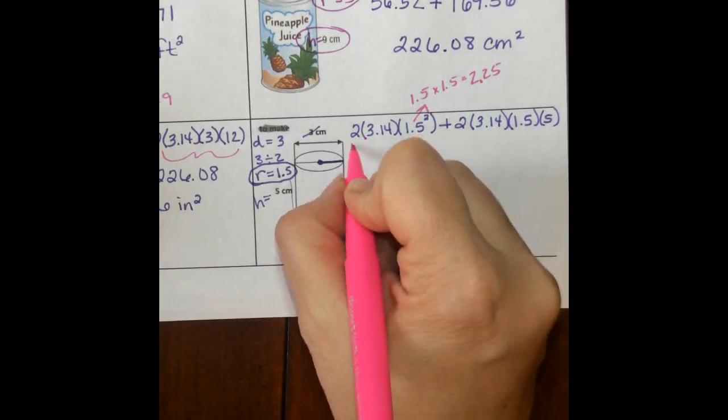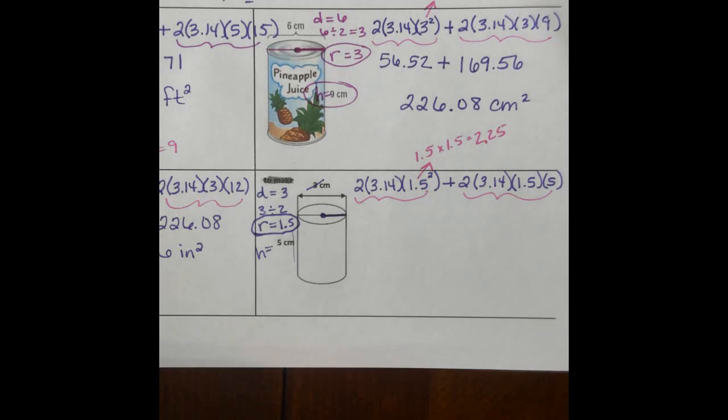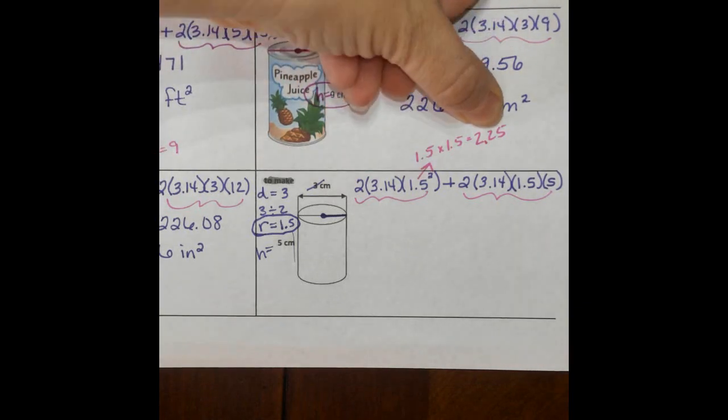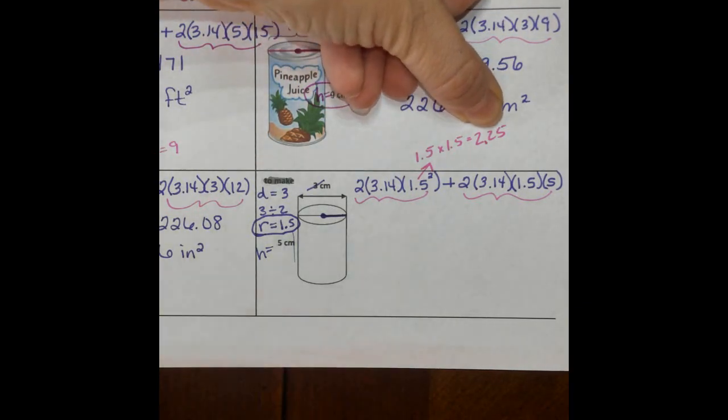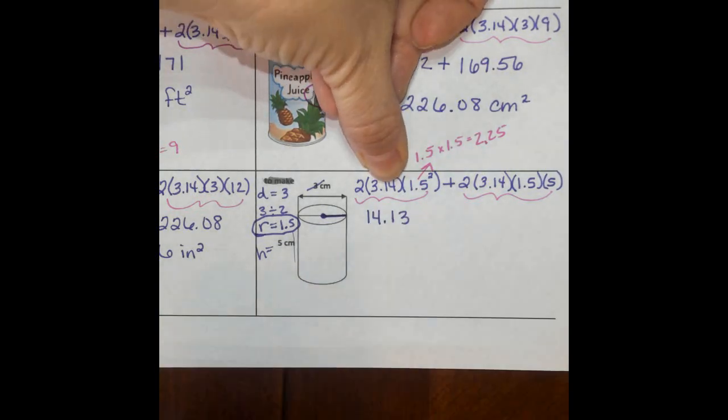Okay, order of operations. Do each set separately and then add them together last. So 2 times 3.14 times, remember, it's 2.25. We come up with 14 and 13 hundredths.